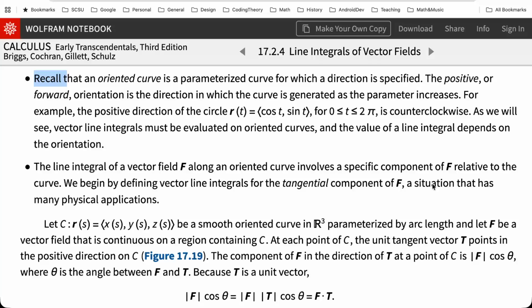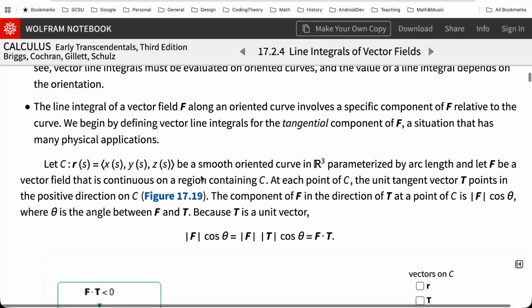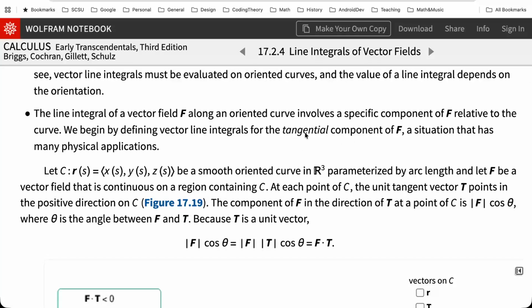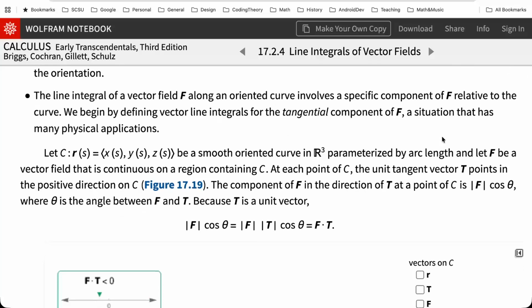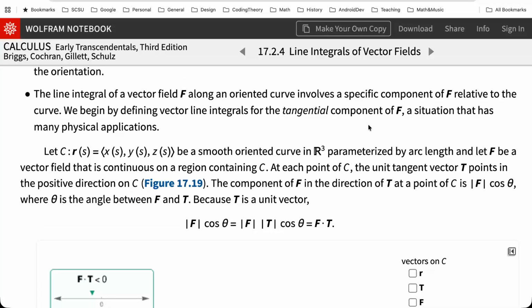Or if it's in three variables, F will be a function of x, y, and z, and we'll have to plug in x of t, y of t, and z of t, so that we turn our parameter into three components and then plug them into the vector field and get another triple of components, a vector, at that position. We're going to look at, this is important, the tangential integral. That is the line integral for the tangential component of F. That has a lot of applications that are real, most importantly, calculating work and energy.